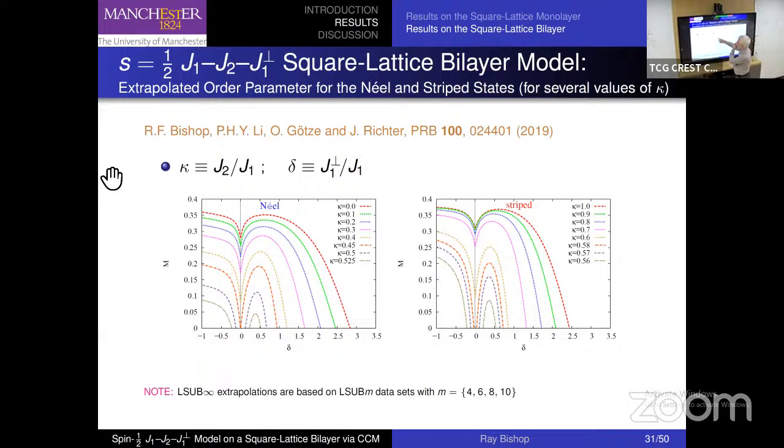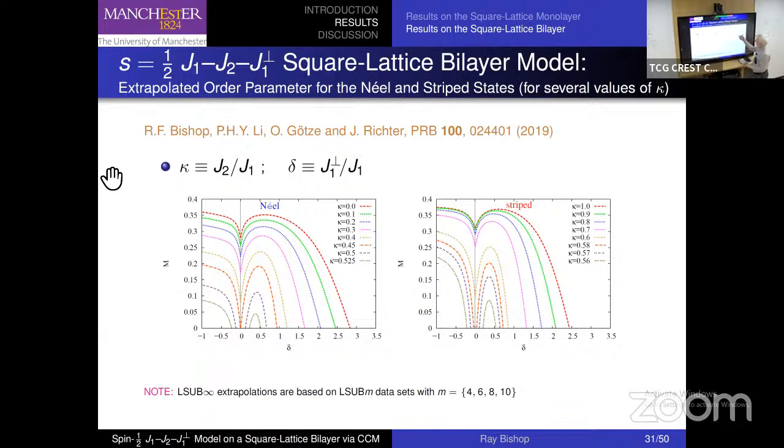But now, as you start to increase kappa, sticking at delta equals 0, this is the monolayer, right? And what happens is that the Néel state disappears at a value which is close to this, the 0.45 value that I was telling you about.